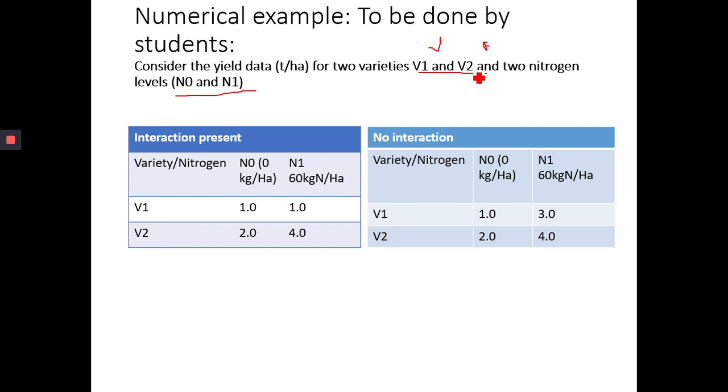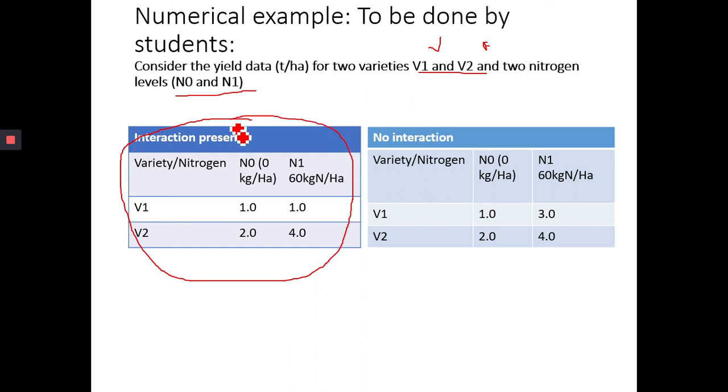The data that I've given you is hypothetical. It's not real data, but it is given in such a way that you will be able to appreciate the concept of interaction and no interaction. So I have given you the data where there is interaction present, and also data where there is no interaction.